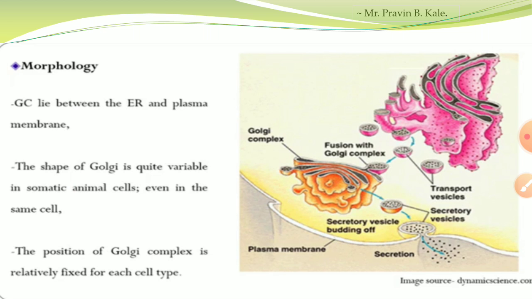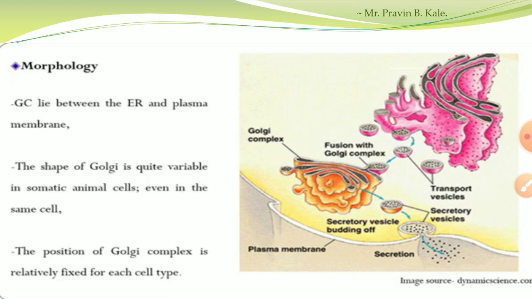Then the shape and size of the Golgi complex. Size of Golgi complex is also variable, small in a muscle cell but quite large in nerve cells and glands. The shape of Golgi is quite variable in a somatic animal cell, even in the same cell.